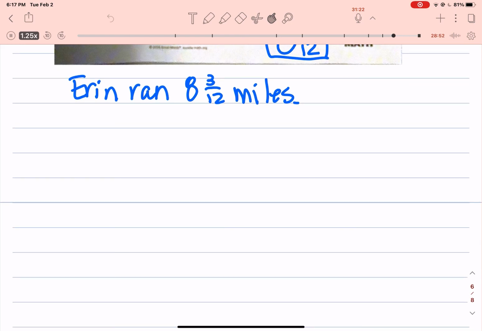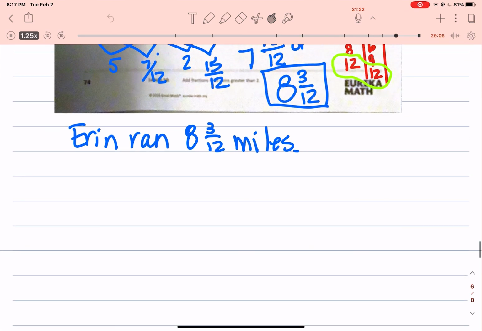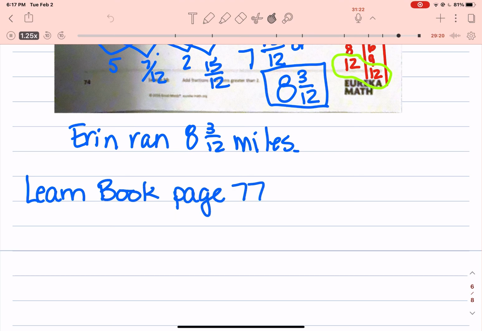Okay, after you finish that, you are going to go check those, make sure they are the way that you are. You are going to go to page 77 in your Learn book. Tear it out. Is the exit ticket. And you are going to do the work on the sheet.